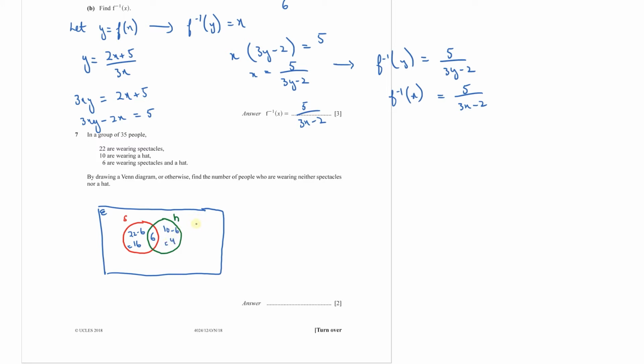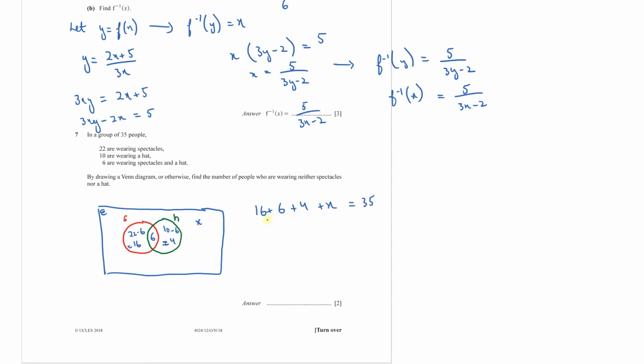And then you can call X the number of people who wear neither spectacles nor a hat. So that means if you add all of these categories of people, your total number of people is 35. So 16 plus 6 plus 4 plus X should equal 35.